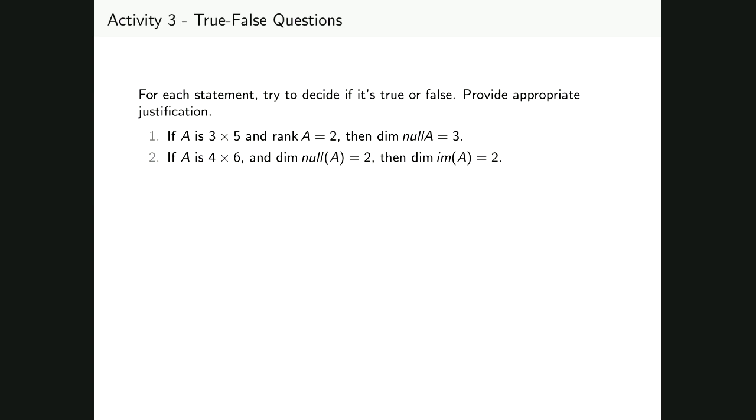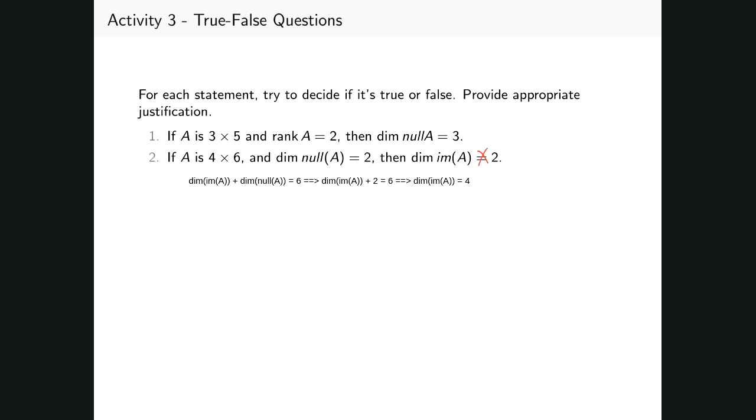So that tells us the dimension of the image of A plus 2 has to be equal to 6. So this tells us that we have to have a 4-dimensional image. So this is false. The answer to question 2 is false. We cannot have the dimension being equal to 2.